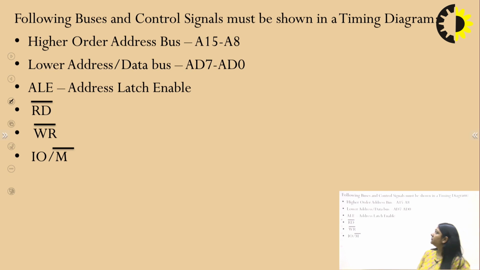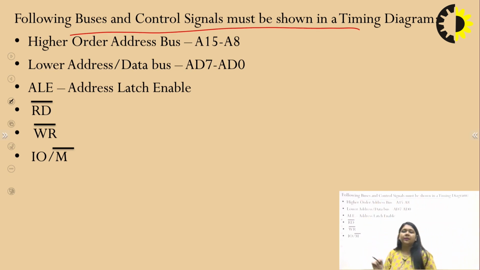So these are the buses and control signals that must be shown in a timing diagram. A timing diagram generally consists of different things, like the clock. After the clock, the microprocessor will be reading some data from a particular address, and that address should be on the address bus.